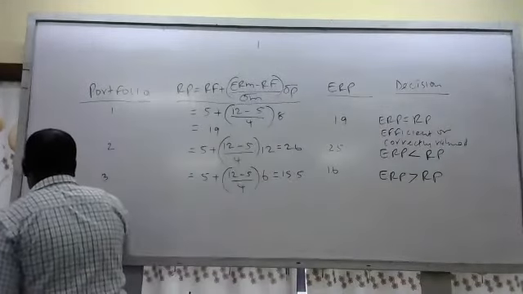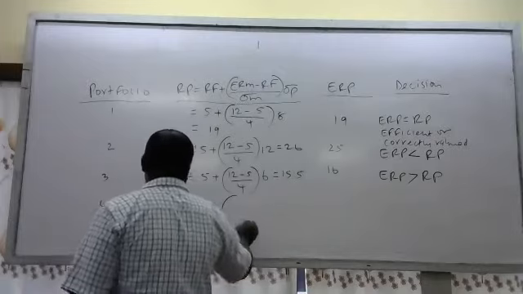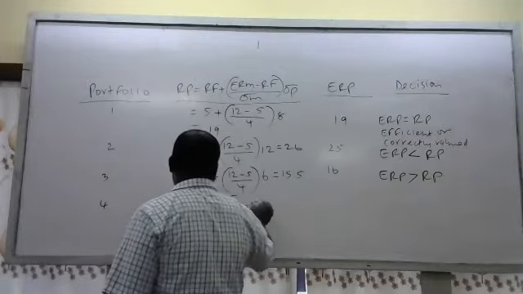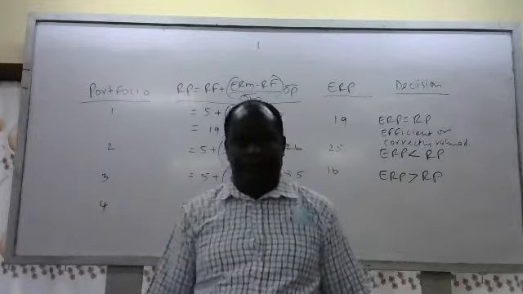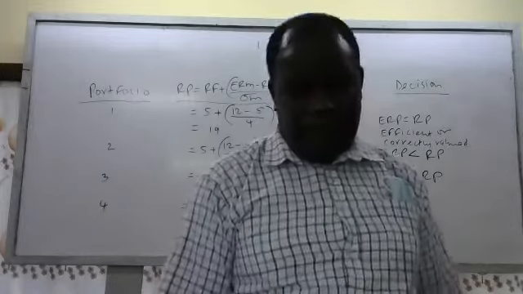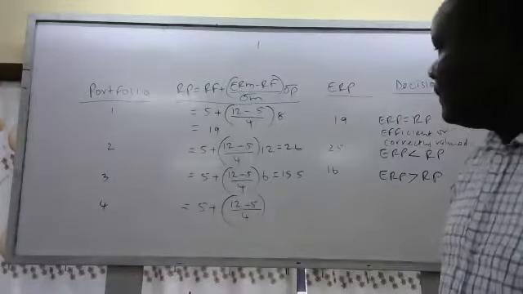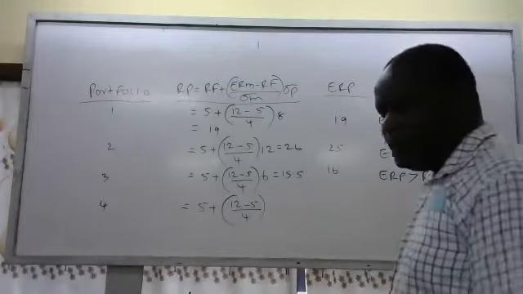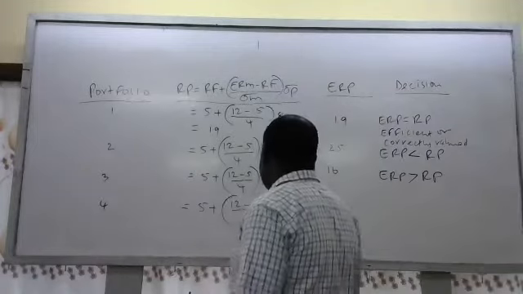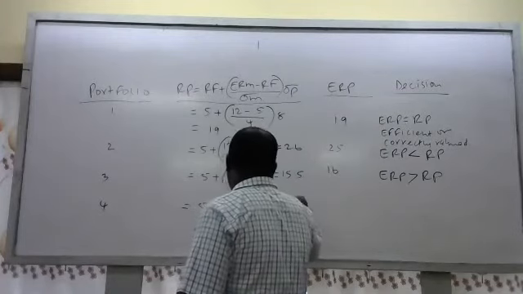So you go to number 4. The standard deviation is 16. So you are getting 32. That's 3.